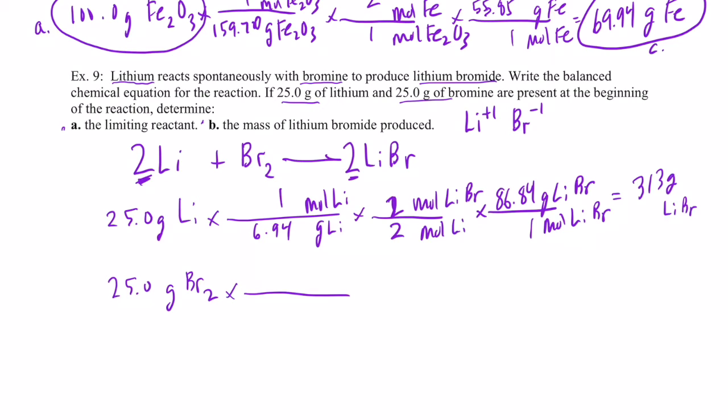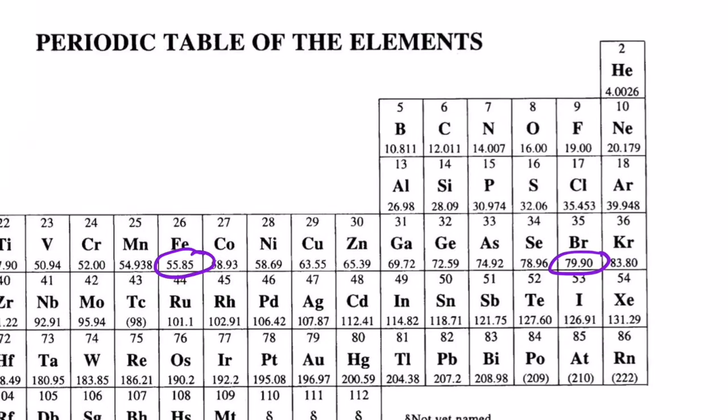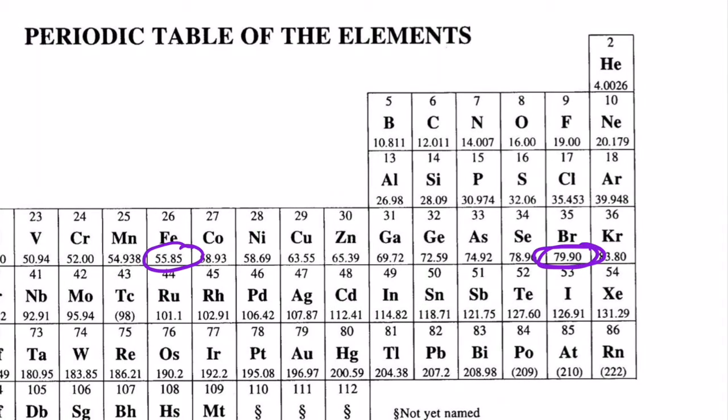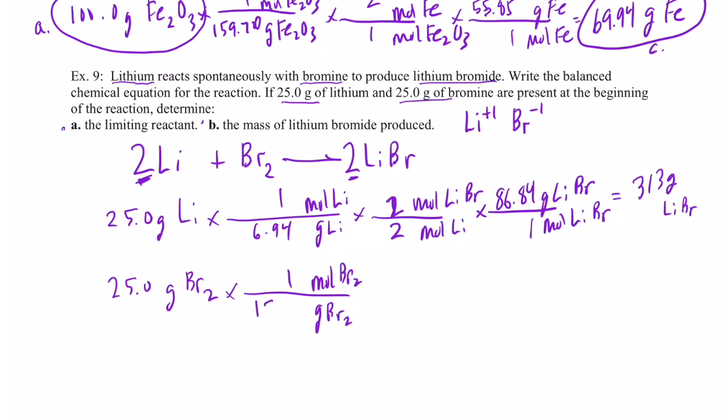Alrighty, so let's do the same with my bromine. We're going to go from grams of Br2 to moles of Br2. And 1 mole of Br2 would be the mass of 2 Brs. So remember, Br we just looked up a minute ago, 79.90. And we have 2 of those, so that's 159.80 grams per mole.